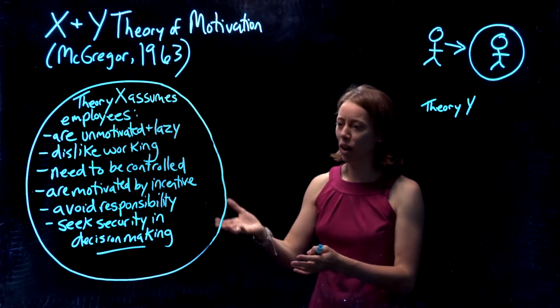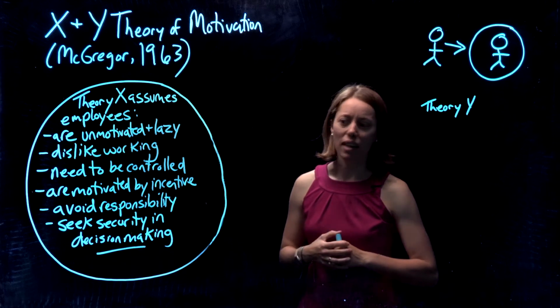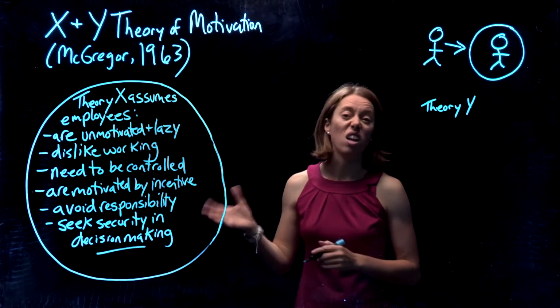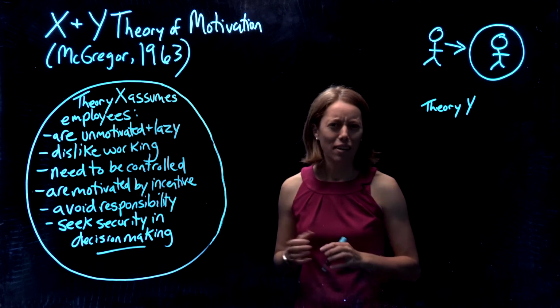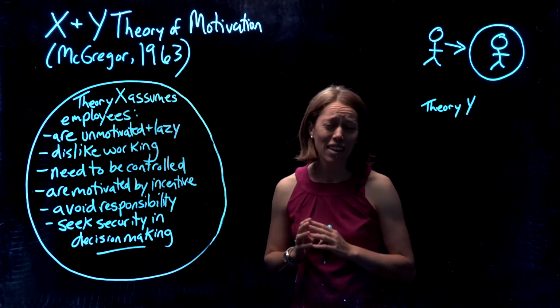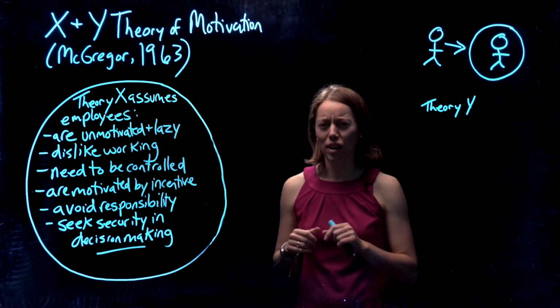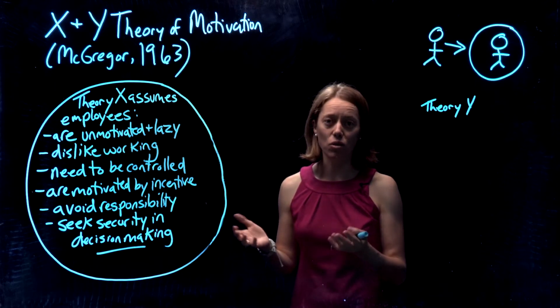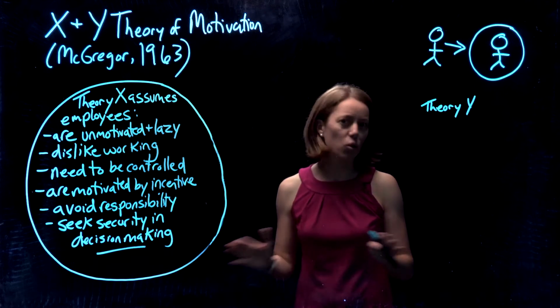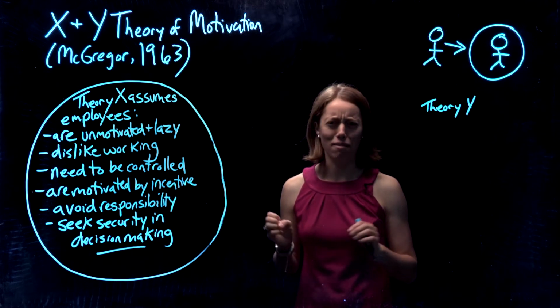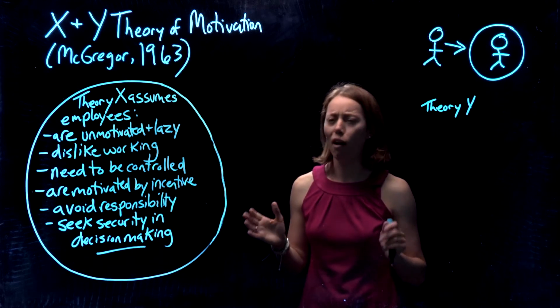If you look at these factors, it's assuming that employees are unmotivated and lazy. It assumes as a base point that employees dislike working and they need to be controlled. It assumes that individuals are motivated solely by incentive and that they'll avoid responsibility at all costs.